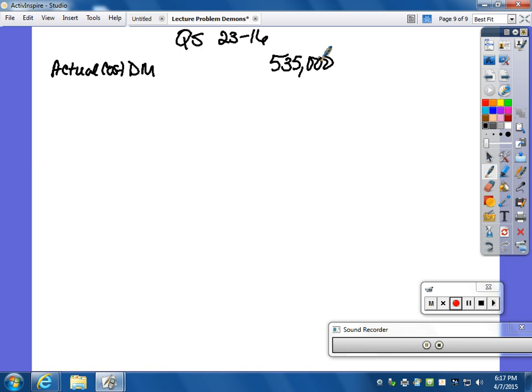In addition to the actual costs, next we have to find out what goes back to those little grids in the chapter when we're looking at direct materials price variance. What do we do next?